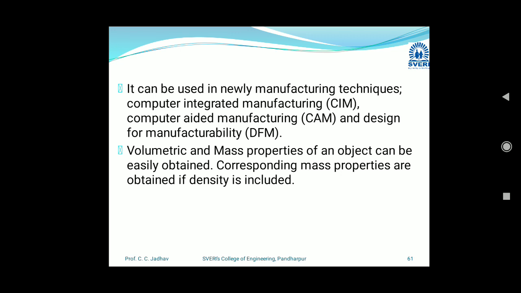Volumetric and mass properties of an object can be easily obtained. From this model we can easily get the volumetric, area, and mass properties. Corresponding mass properties are obtained if density is included. If density is given, then from that model we will get the mass property also. So these are some advantages of the solid model.